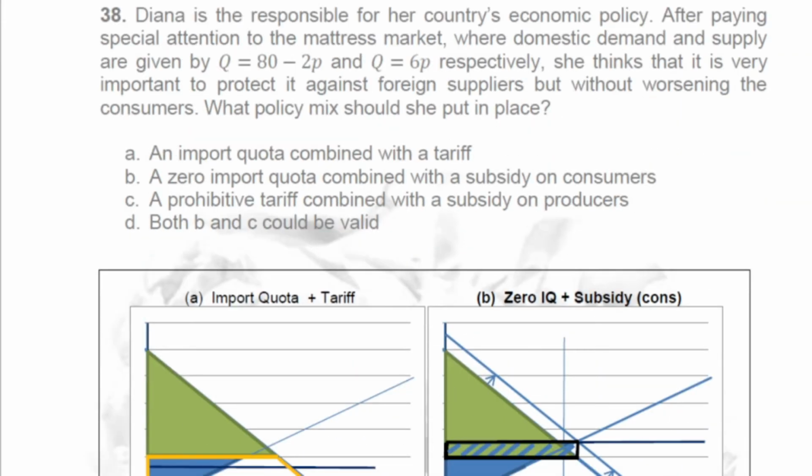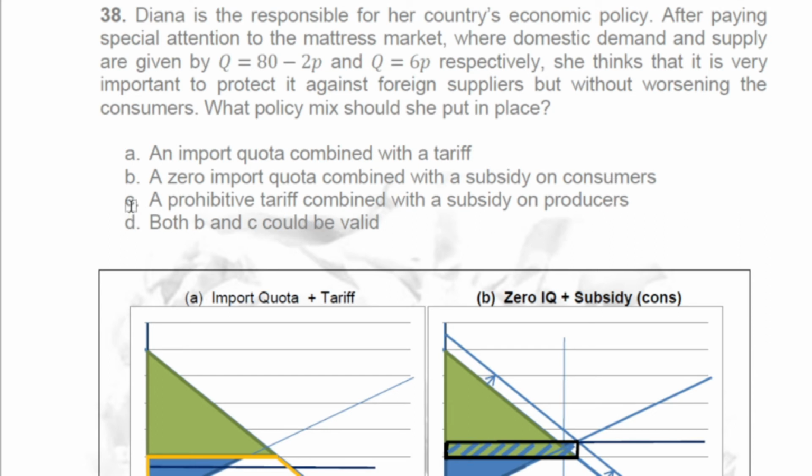Well, an import quota combined with a tariff. Well, I don't know which is the gain for consumers. Okay, so this can't be true. Okay. Zero import quota combined with a subsidy on consumers, of course.